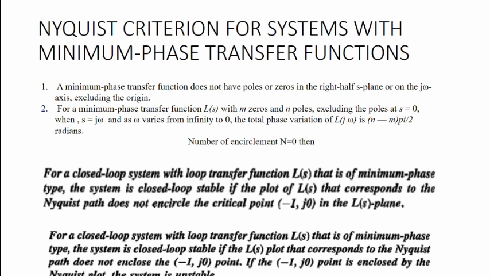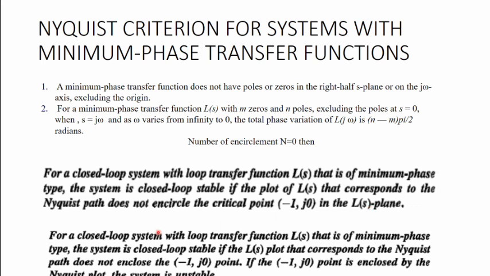So the Nyquist stability criteria is stated as follows. For a closed loop system with loop transfer function L of s that is of minimum phase type, the system is closed loop stable if the plot of L of s that corresponds to the Nyquist path does not encircle the critical point -1 j0 in the L of s plane.